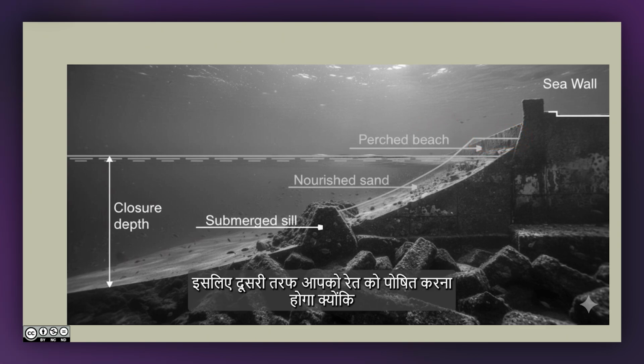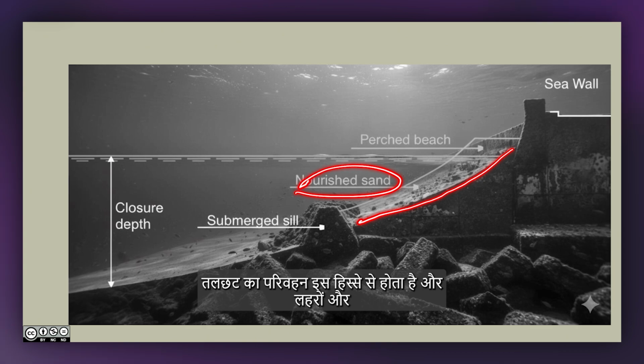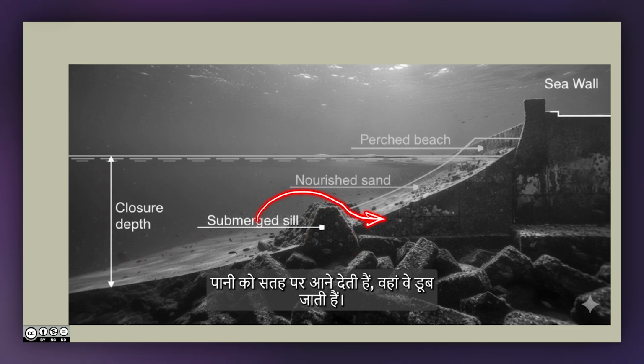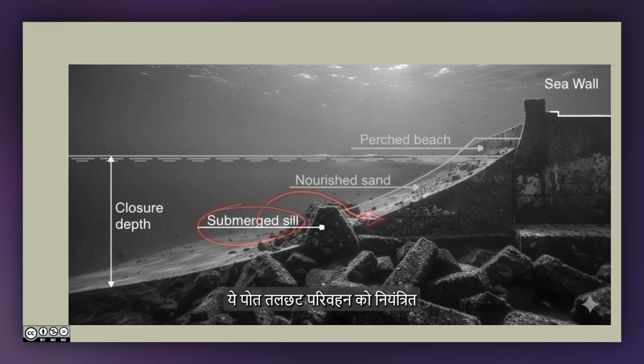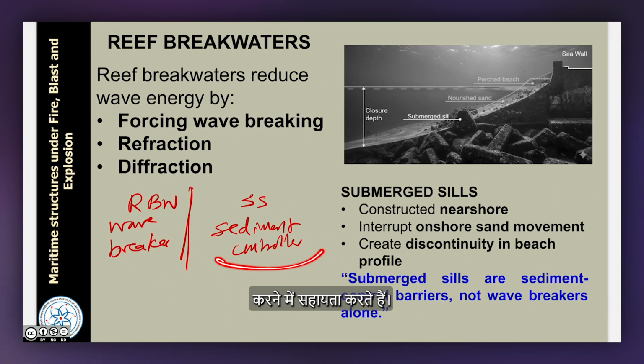On the other side of this you have nourished sand, because the transport of sediment happens from this part, and gets deposited here because of wave and wind direction. Submerged sills are smaller in height, constructed such that they allow the water to overflow, that is why it is called a submerged sill, and they help in controlling the sediment transport.